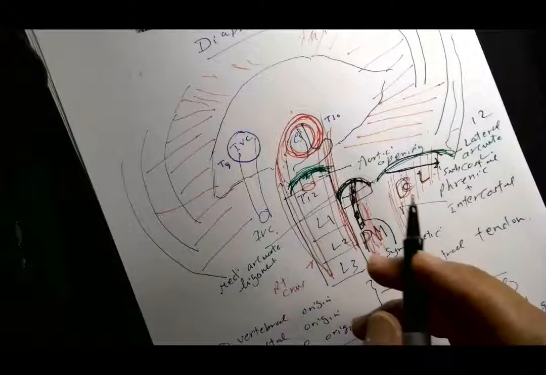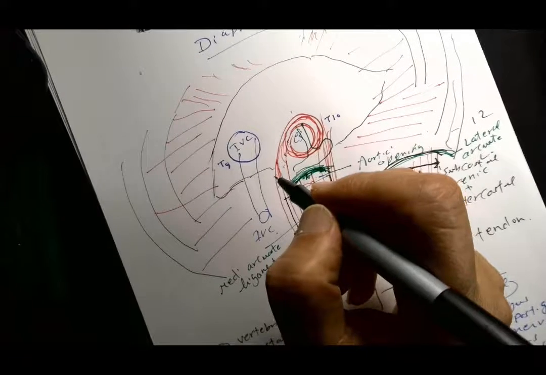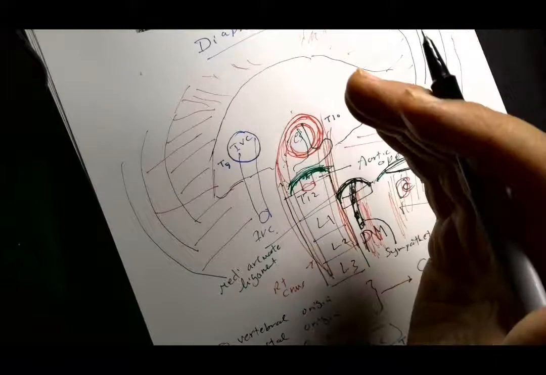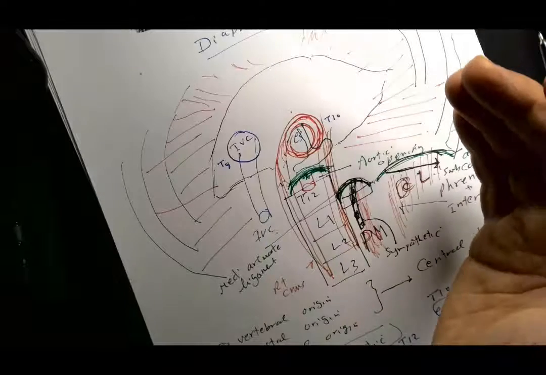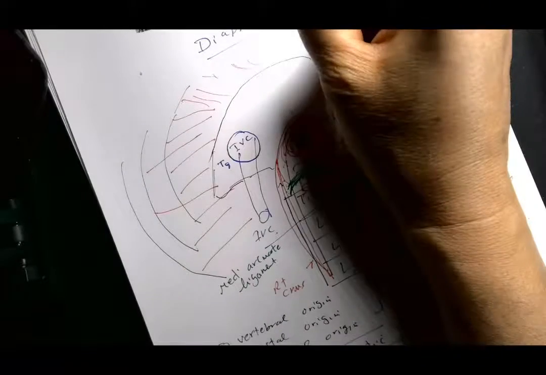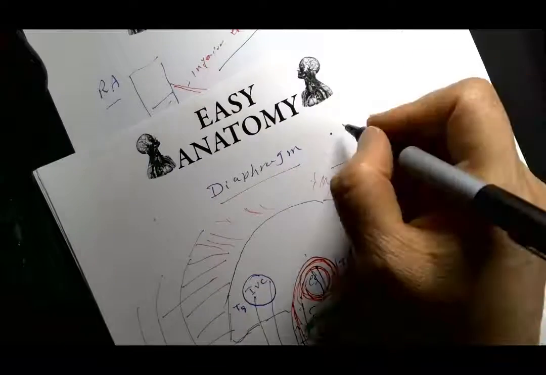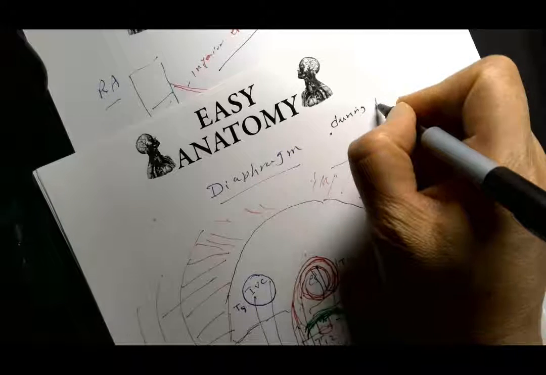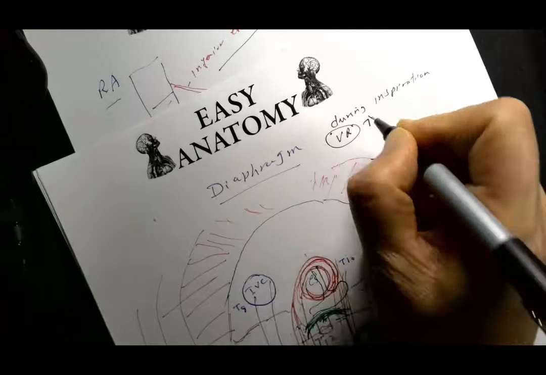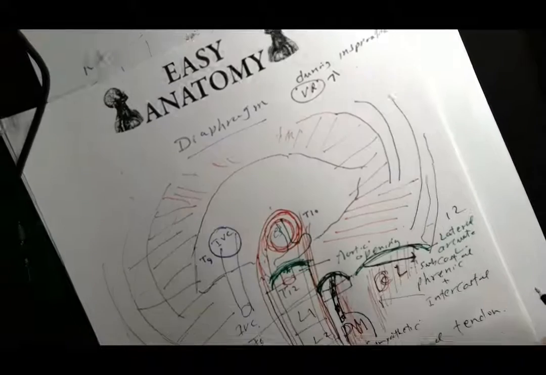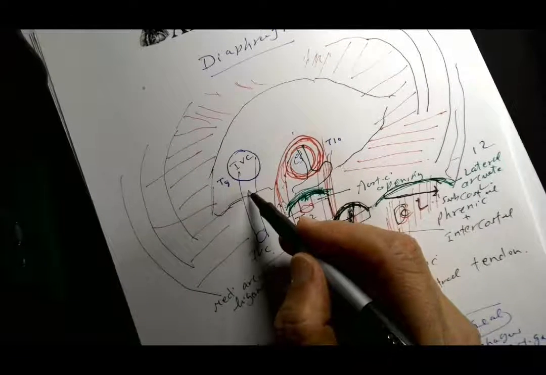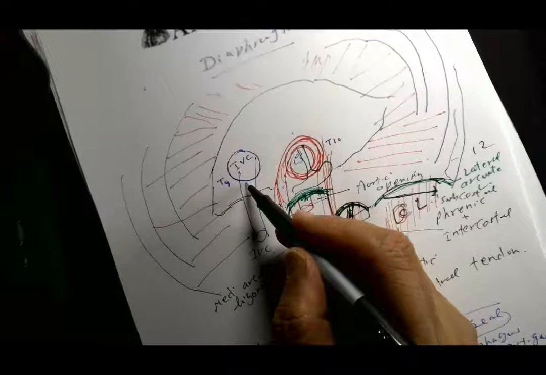You see what would happen with inspiration for the venous return. The diaphragm is contracting during inspiration, so venous return increases, correct? It means that you need dilation of the inferior vena cava. How do you dilate the vena cava here? Contraction. You see, this is the insertion.